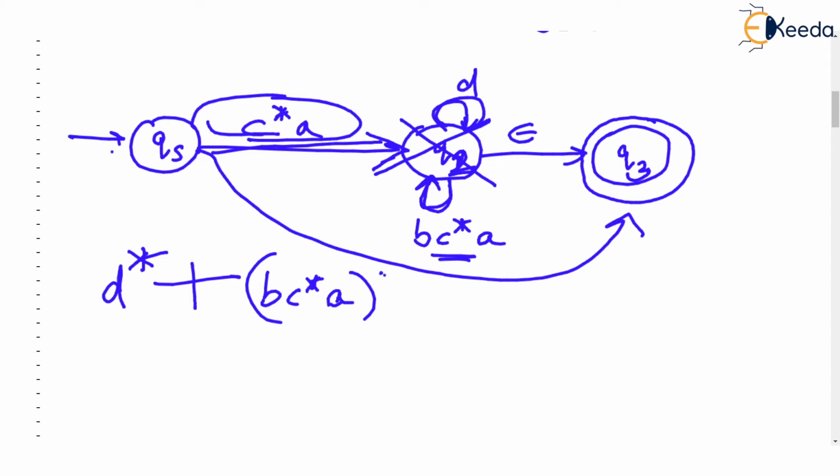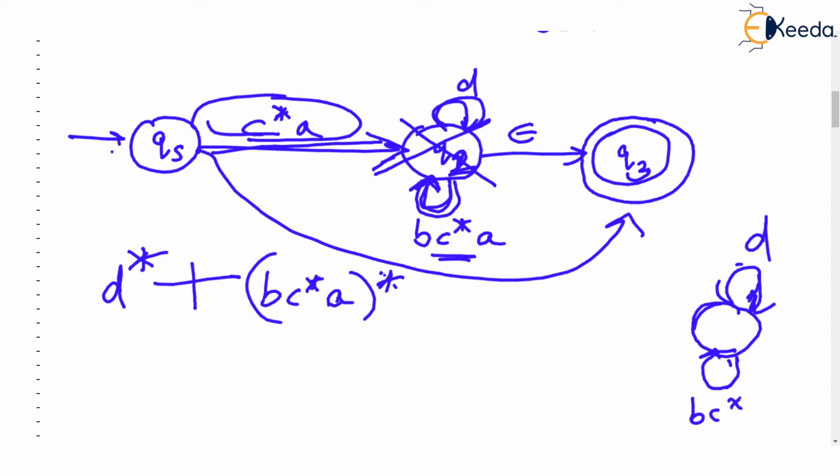It can't be only B C star A. This is looping for B C star A. How did we write this D on this particular state? D star, isn't it? So B C star A will be clearly B C star A repeated, isn't it?